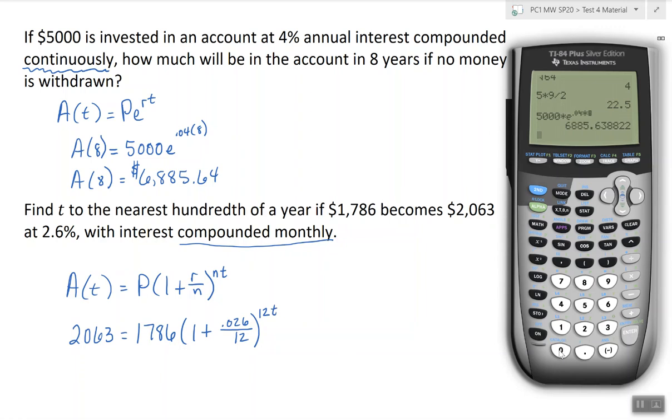So one thing that we'll do is go ahead and divide both sides by 1,786.